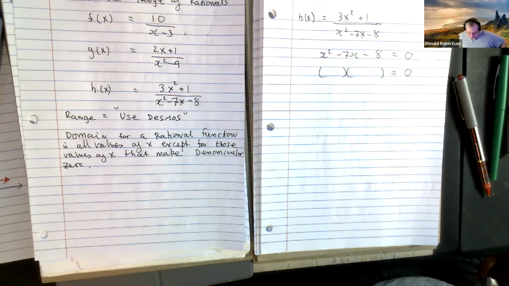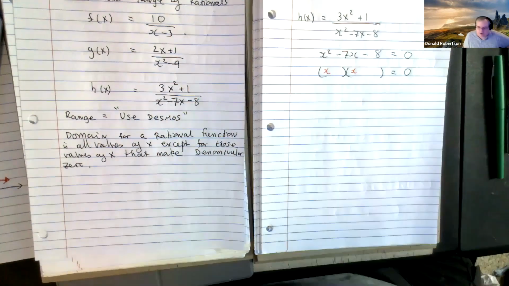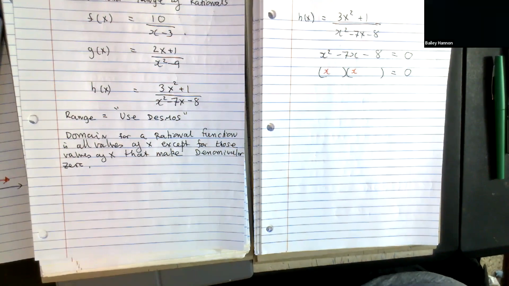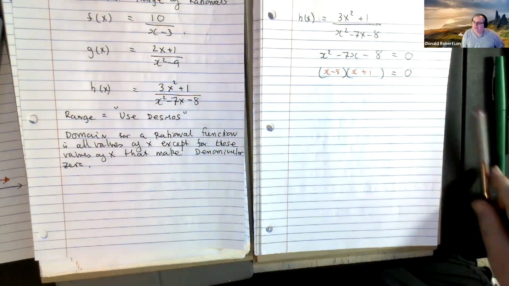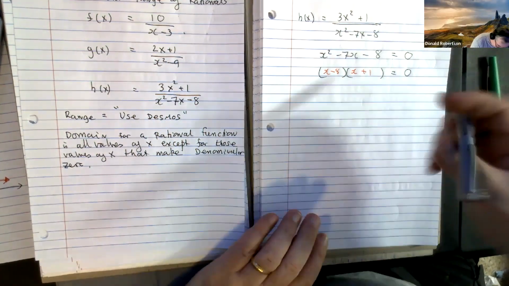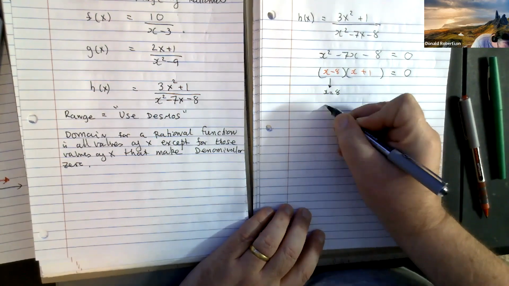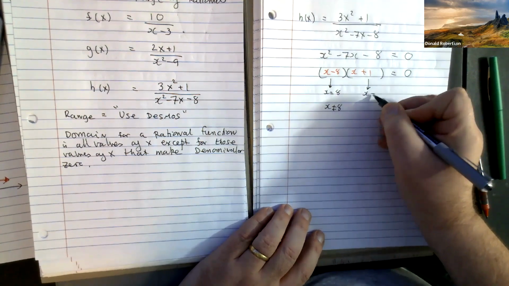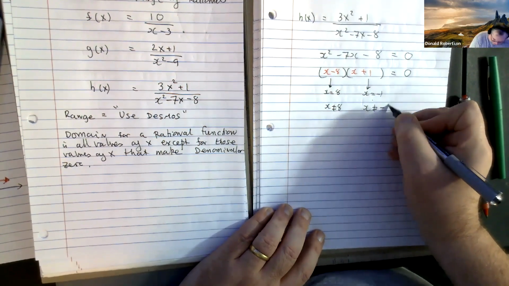Okay, tell me the 2 guys that work for this quadratic, the 2 factors. X minus 8 and x plus 1. Everybody agree? Which means this guy is x equals 8, so that means you can't use 8. And this guy has solution -1, and this means you do not use -1.